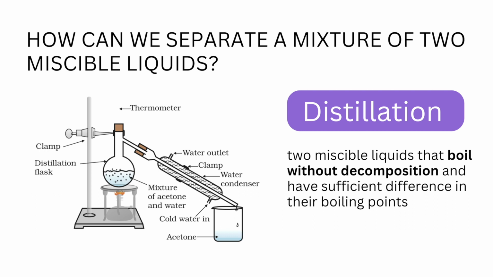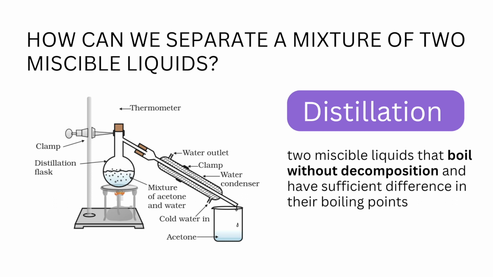Now in this case, acetone has a lower boiling point when compared to that of water. When you heat this mixture, acetone becomes vapors quickly, and then it is moved to the condenser, which is a water condenser. It passes water through it and cools it.